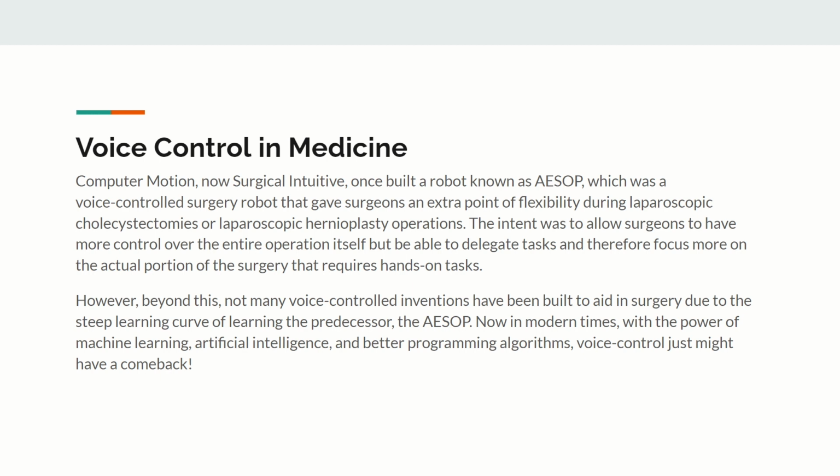It was a voice-controlled surgery robot that gave surgeons an extra point of flexibility during very specific operations. The intent behind the ASOP was to allow surgeons to just have more general control over the entire operation, but be able to delegate less intense tasks for the robot itself and therefore allow these surgeons to focus more on the hands-on portions of the surgery.